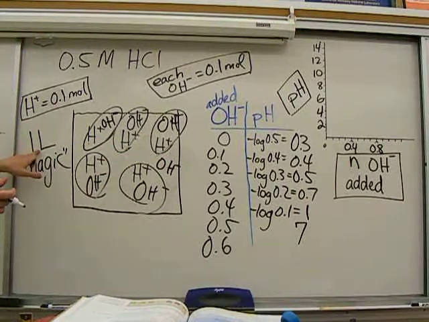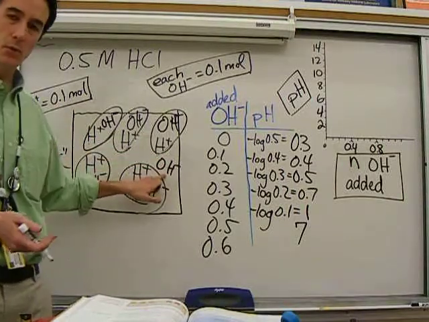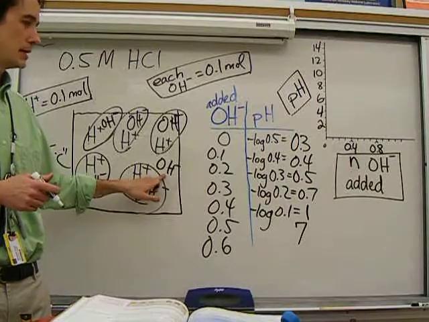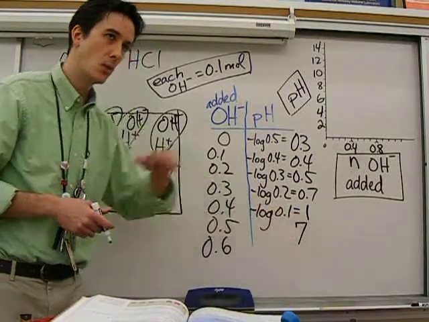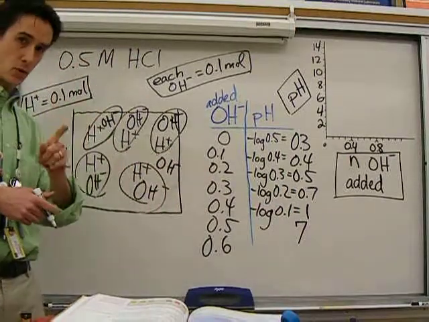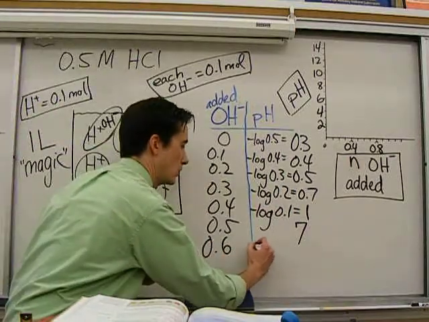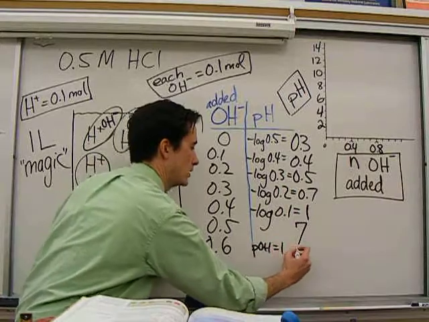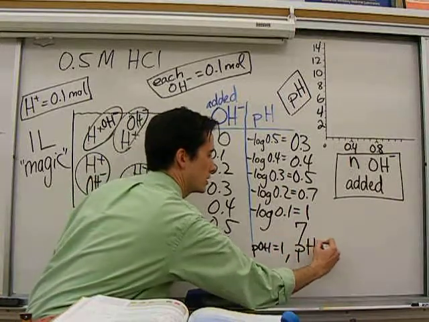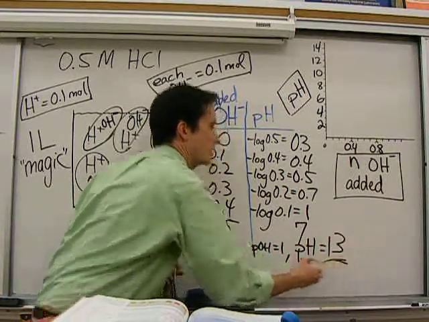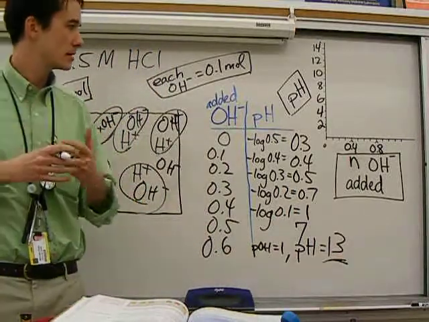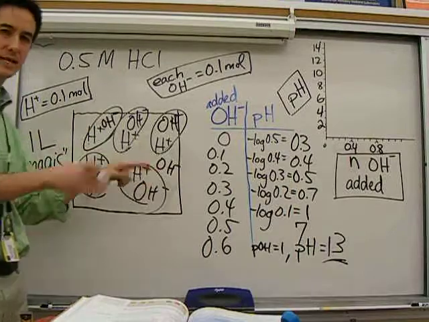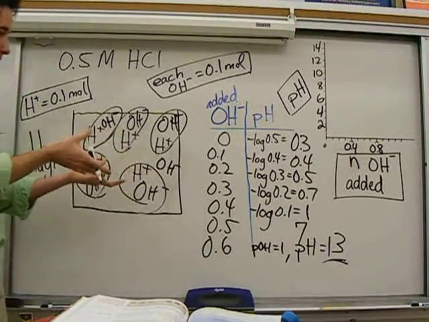Again, I said this was going to stay 1 liter. It's 0.1 molar hydroxide. Negative log of 0.1 is 1. The pOH, therefore, is 1. So pOH equals 1, pH equals 13. That's big. So you need to kind of get a feel for this. I think looking at it and seeing it just does help you a little bit.